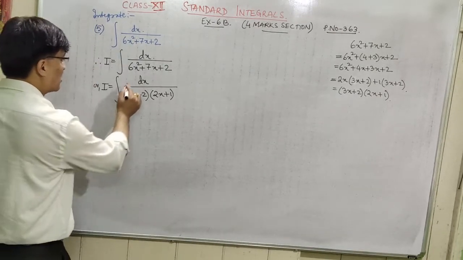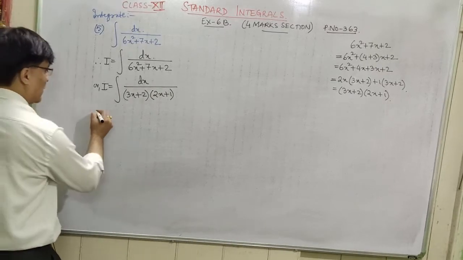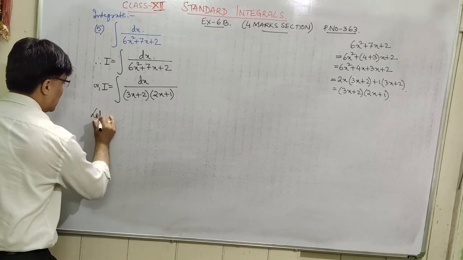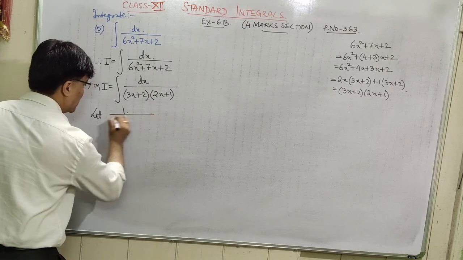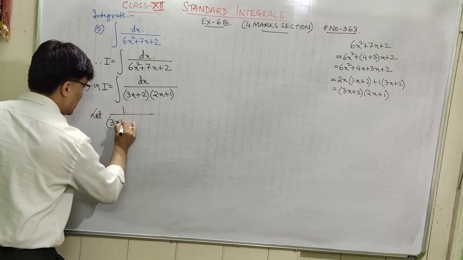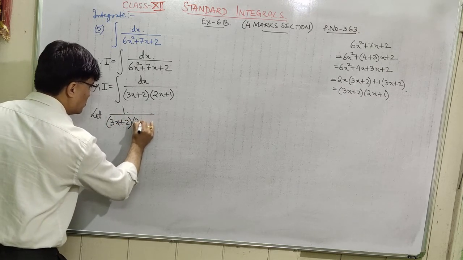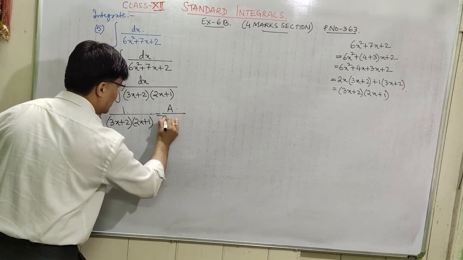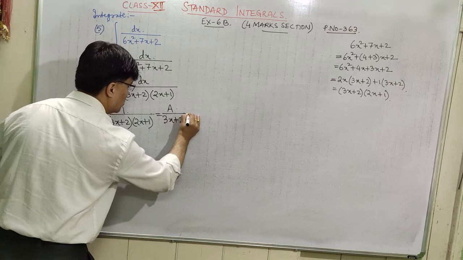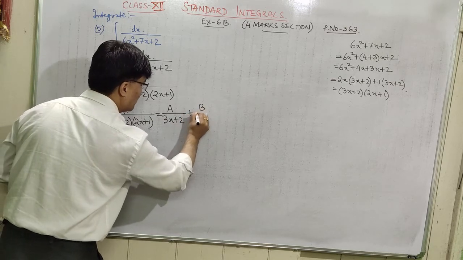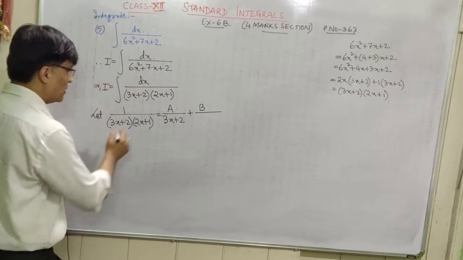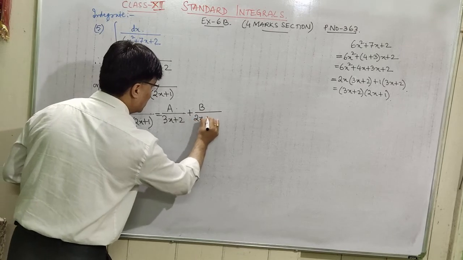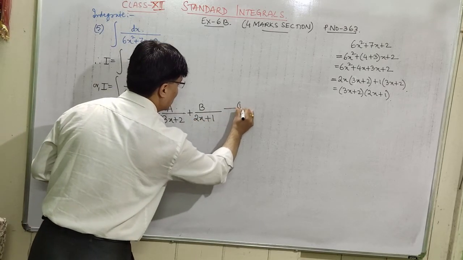Okay, so let us convert this fraction into partial fractions. So how will you convert it? Let 1 upon 3x plus 2 into 2x plus 1 be equal to capital A divided by 3x plus 2, plus you may write here plus or minus sign, B divided by 2x plus 1.